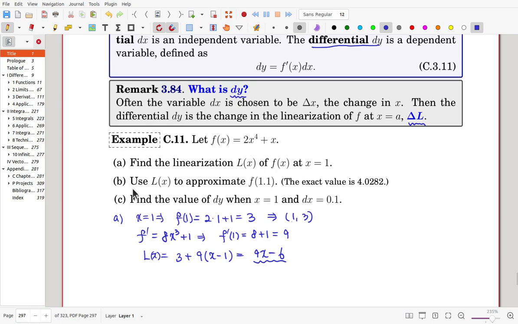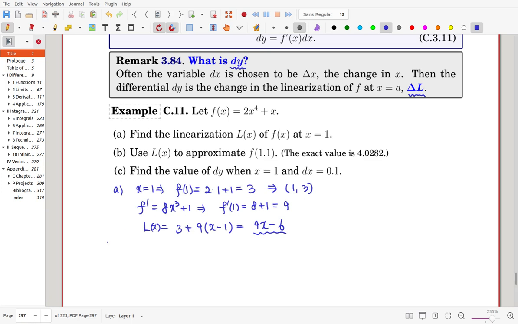And use L(x) to approximate f(1.1). So here, part B, rather than evaluating f(1.1), we try to use L(1.1) as the approximation. Let's try to use this portion.